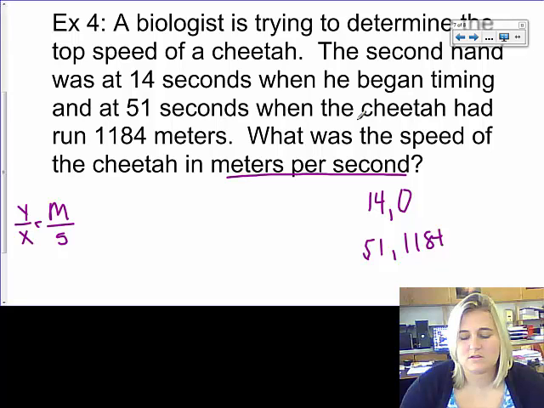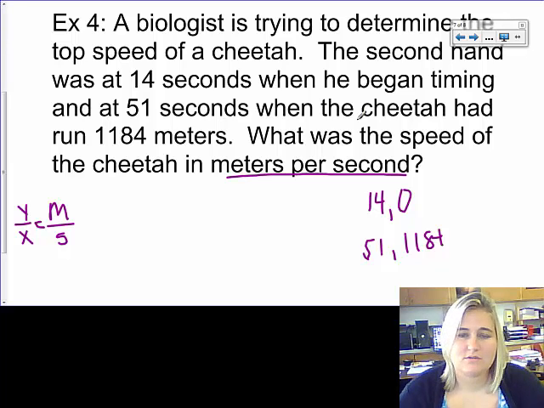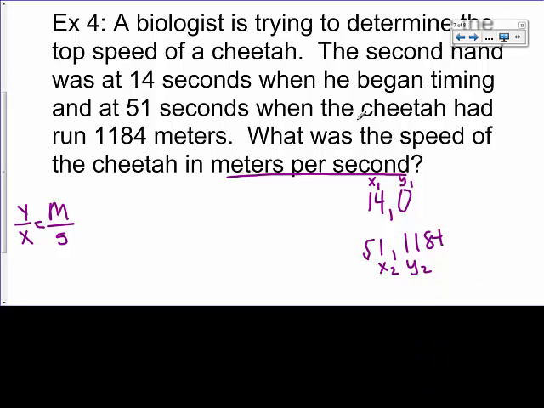Okay, that's an equal sign, not a less than sign. So you can see that my meters are my y value, which is how I've written this. I've written this in the form of x and y, right? So this is going to be my x sub 1, y sub 1. This is going to be my x sub 2, y sub 2. And what I would like is for you on your own paper to find the speed of the cheetah in meters per second. I hope that you've taken good notes, and I'll see you in class tomorrow.